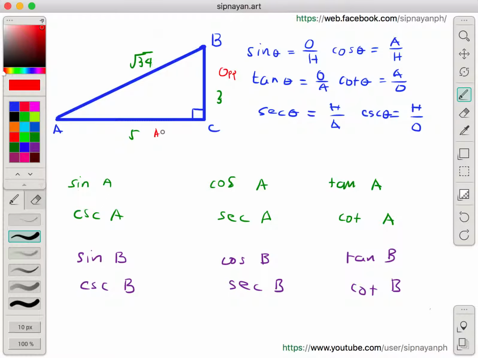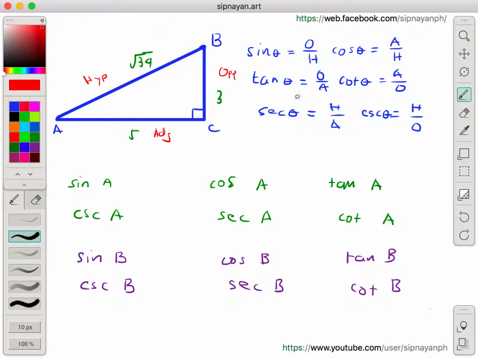This is our adjacent side, kasi A yung pinag-uusapan natin. Pag sinabing opposite, opposite siya ng angle. Pag sinabi mong adjacent, adjacent siya dun sa angle, ibig sabihin katabi. And this one is called the hypotenuse. Hindi naman nagbabago ang pangalan nito. The longest side of a right triangle is called hypotenuse.